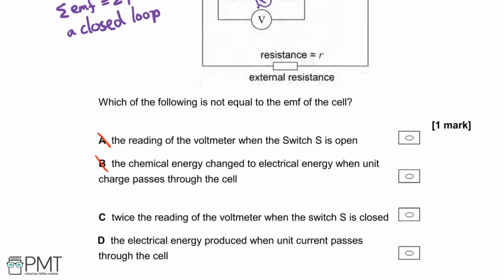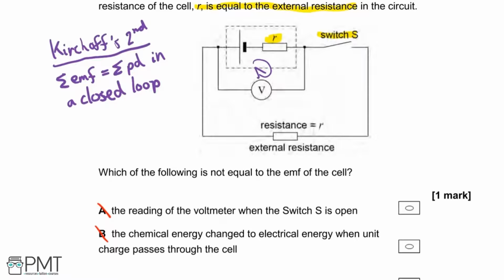So if we look at this voltmeter in more detail, we can see that the PD across it should be equal to the PD across the external resistance. And the PD across that external resistance should, in theory, be a half of what the EMF is, because there are two of those resistances in the whole closed loop.